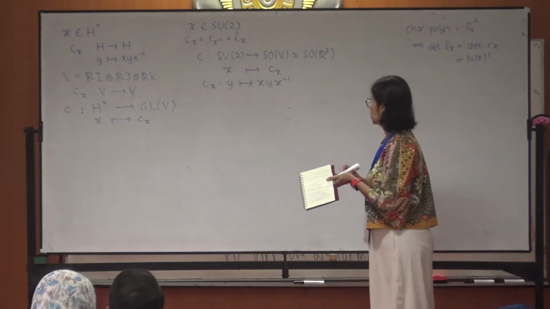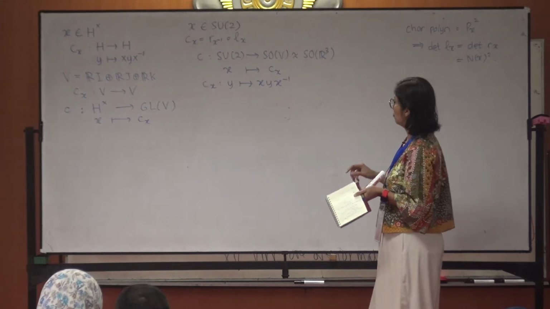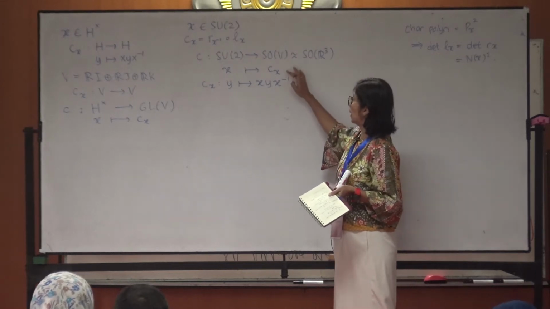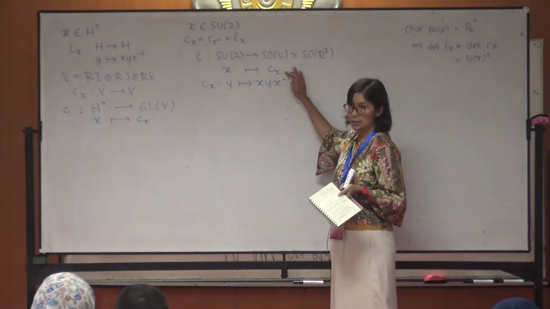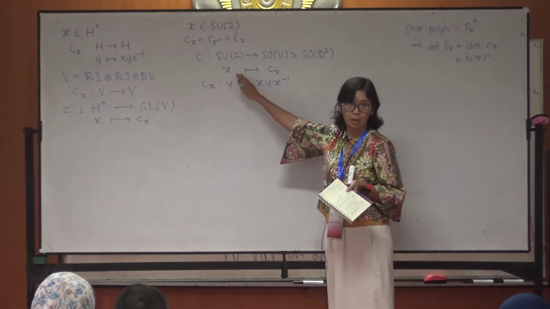And it's easy to see that when you have this as identity, the X should be 1 or minus 1.